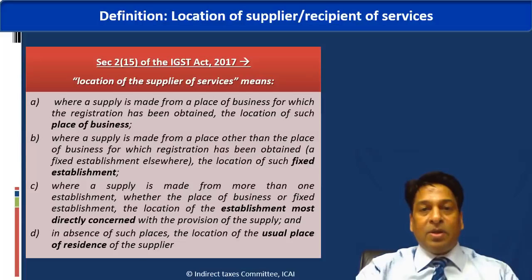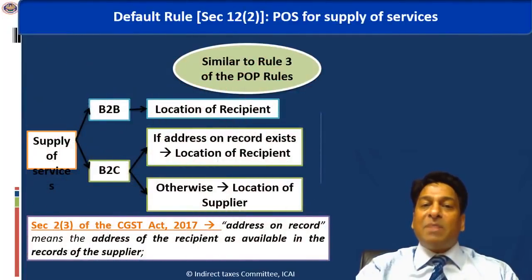So keeping all these parameters in mind, we are now moving towards identifying place of supply for services. We are starting with the default rule as given under section 12 subsection 2 of IGST Act 2017.